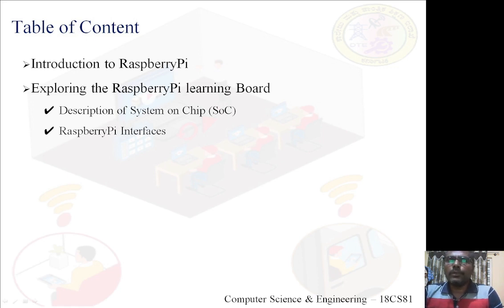We will explore this board, which means we will identify the microcontroller, the GPIO, general purpose input output pins that are available, and some other peripherals. We will identify serial interfaces, USB ports, the SD card slot, and where I can interface a camera to this Raspberry Pi computer. We will explore all this.